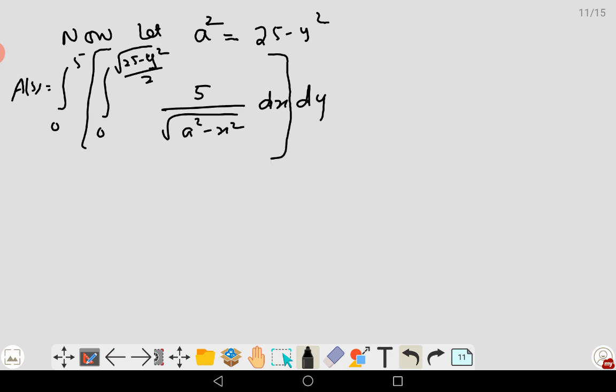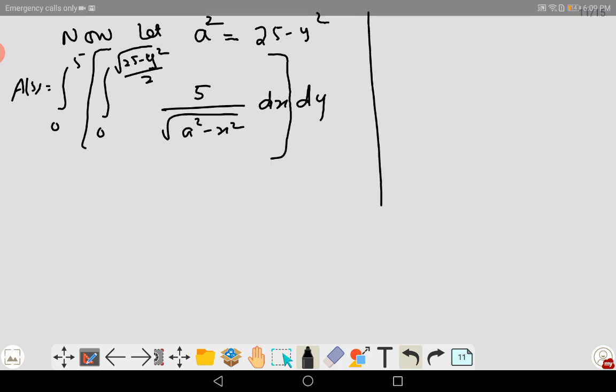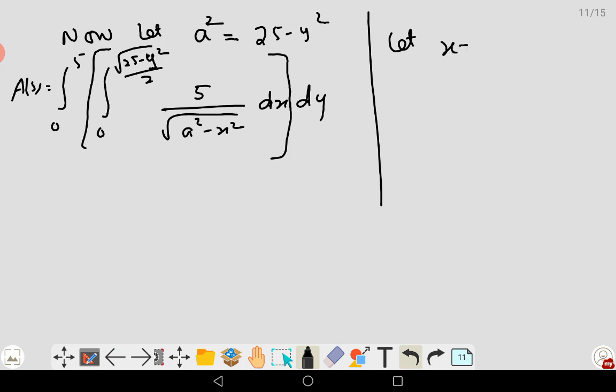So inner integration will be done by using substitution method. Let x be equal to the same concept. X is equal to a sin theta.